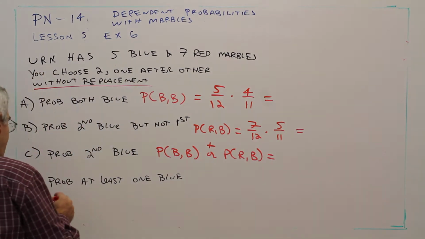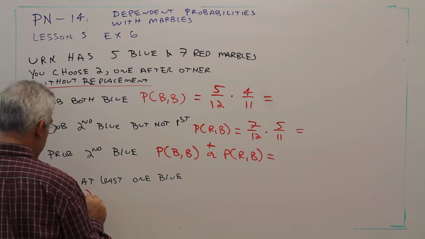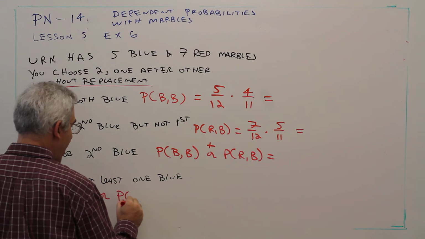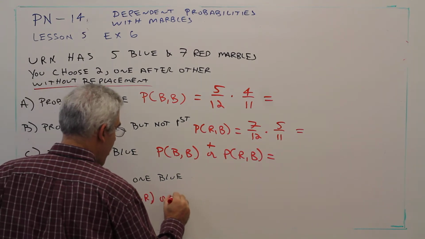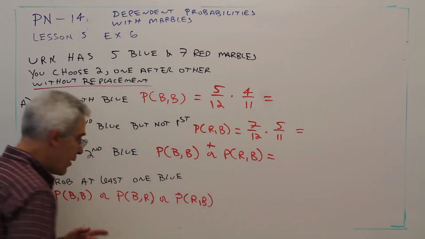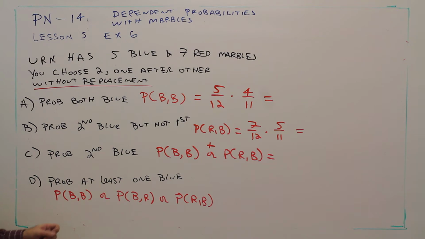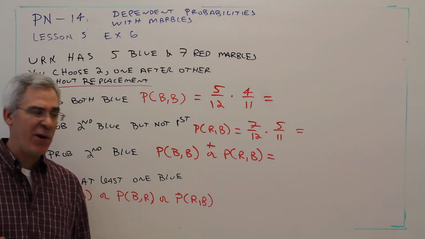All right, at least one being blue: probability of blue, blue, or probability of blue, red, or probability of red, blue. So I've got those 3 cases. In either case, at least one is blue. But there's an easier way to do it.